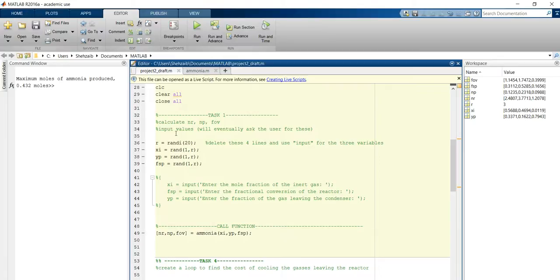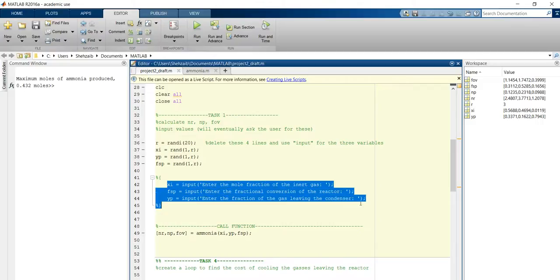For this video, I have slightly altered our code, so I won't be entering the values, but they will be randomly generated just to save time a little bit on typing. But the main thing is that these 3 values are in the real code provided by the user, as you can see over here.